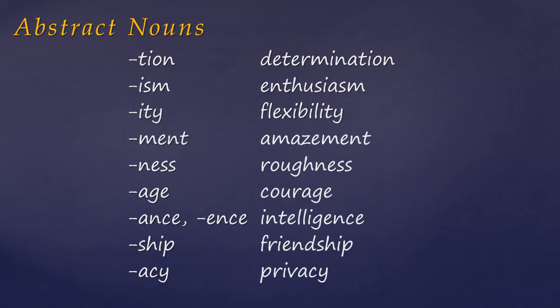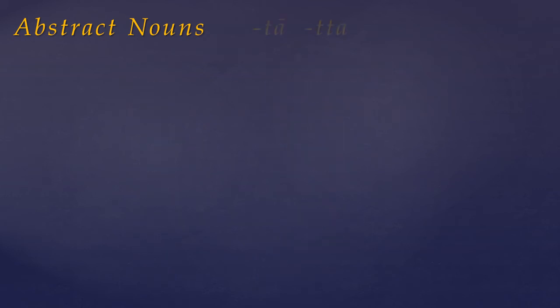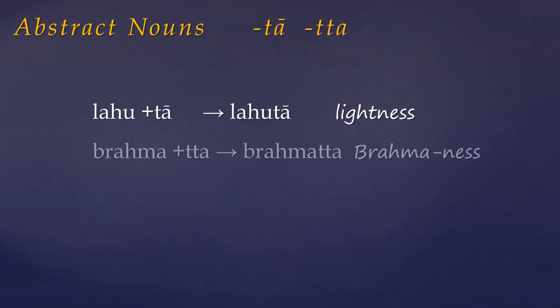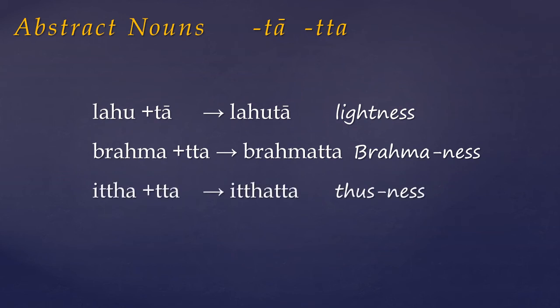In Pali, abstract nouns are often created also by a secondary suffix, that of tā or ta, which is then added to an existing stem. The suffix tā is feminine, whilst the suffix ta is neuter, although occasionally it's masculine.